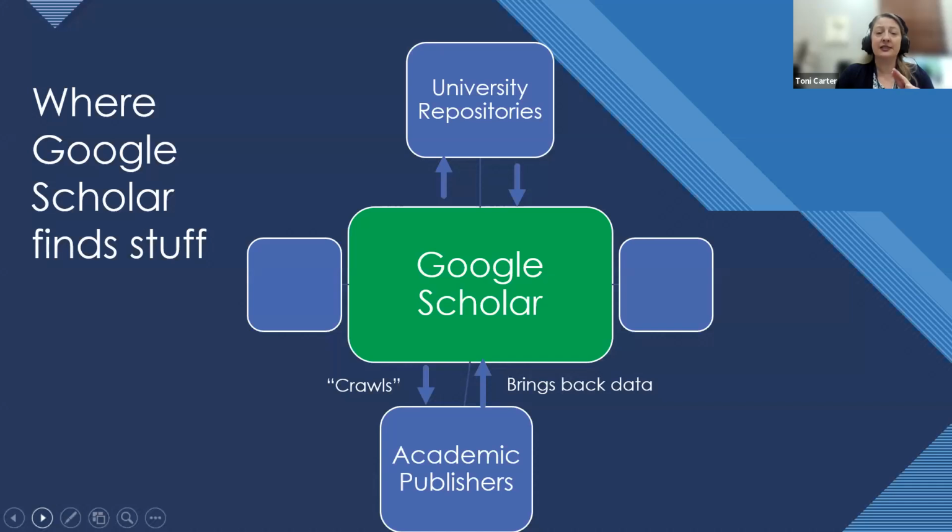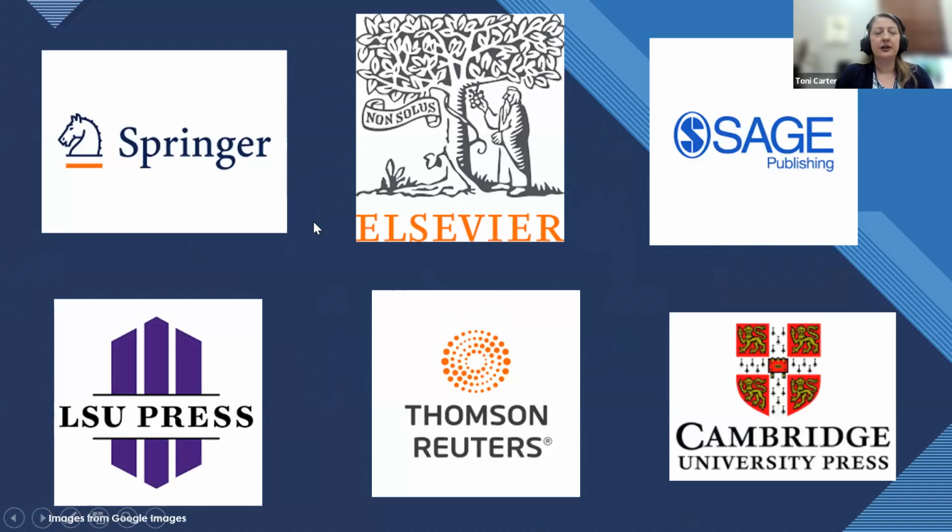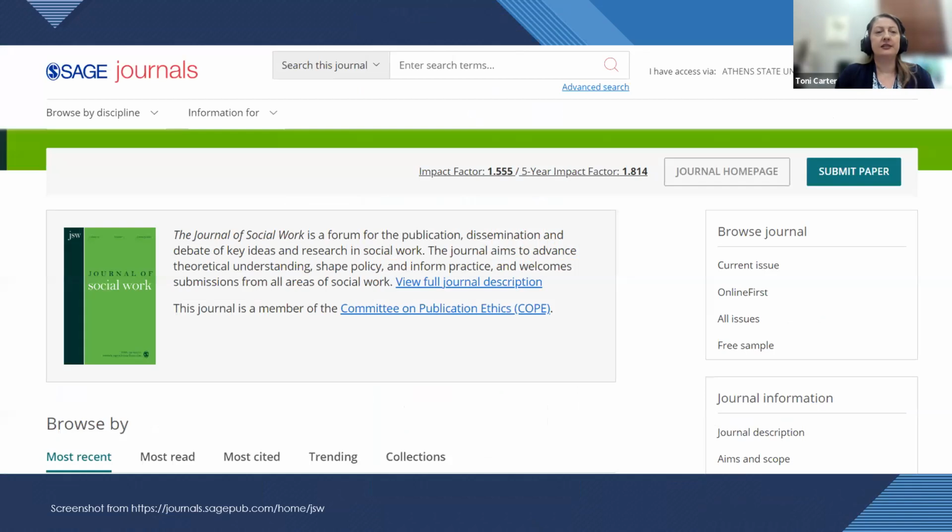The second big place is academic publishers. And this probably doesn't surprise you. You've got your commercial publishers and you've got university presses as well, and it's looking at their websites. So for instance, here's Sage Journals. It's going to look at the entire Sage Journals website, which is a huge publisher.